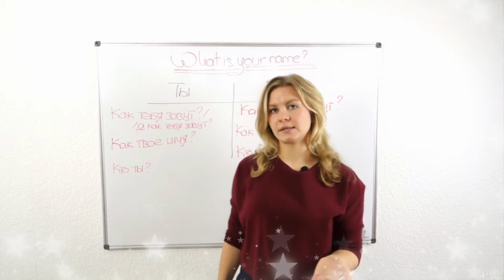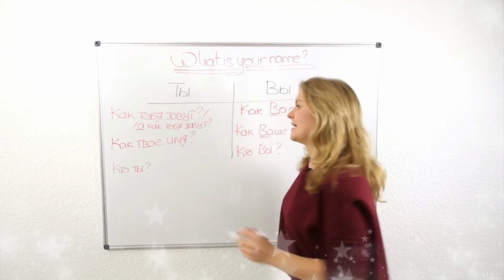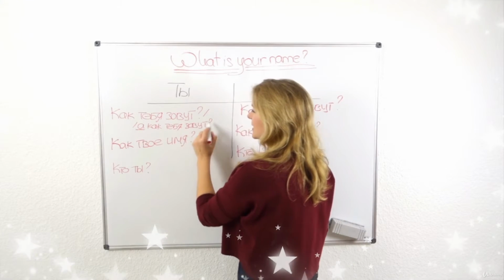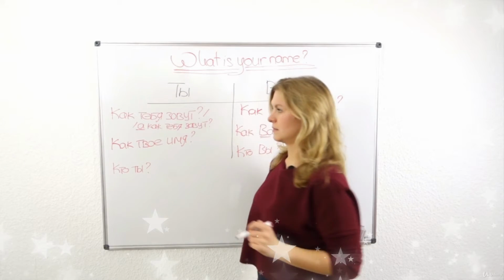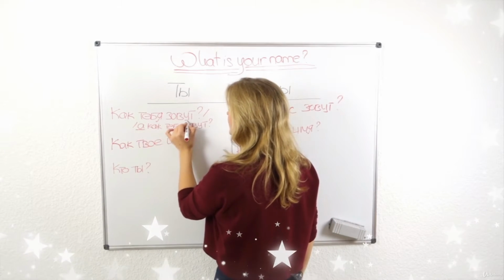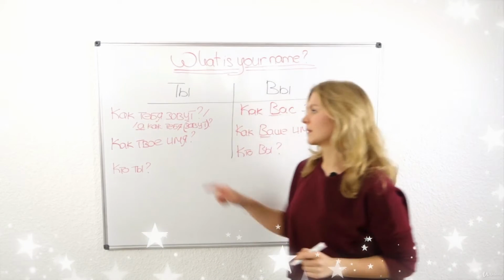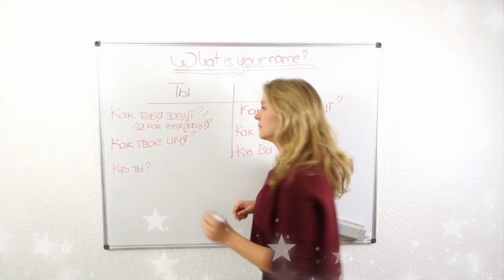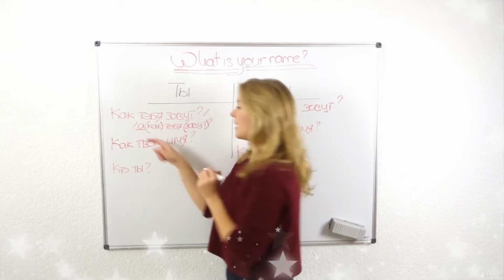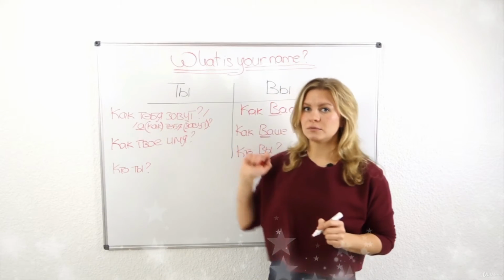А как тебя зовут? Or we also like short forms, so we wouldn't ask the whole phrase. We would ask just а как тебя? And зовут we wouldn't use. Or а тебя? This is the most typical. So, как тебя зовут?